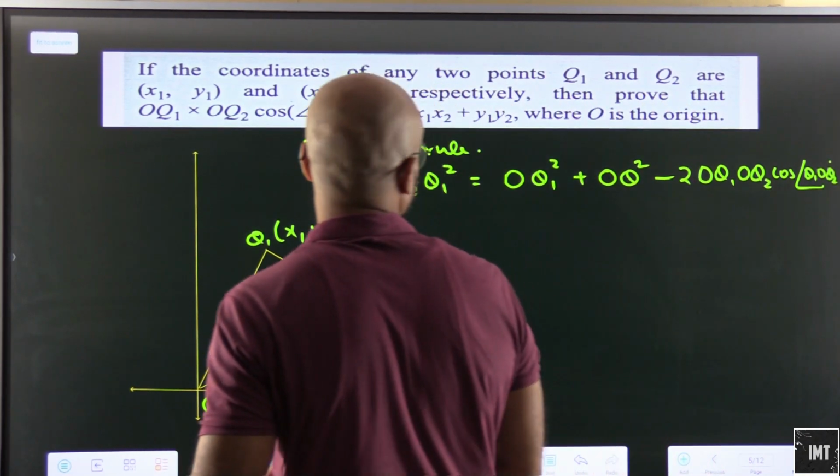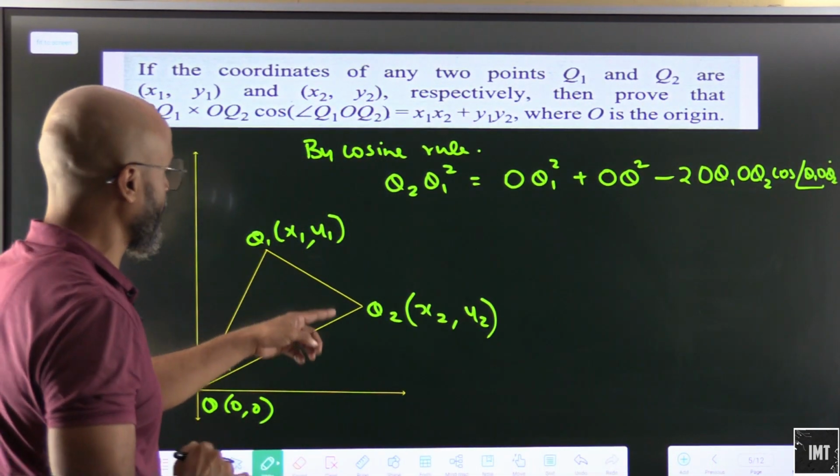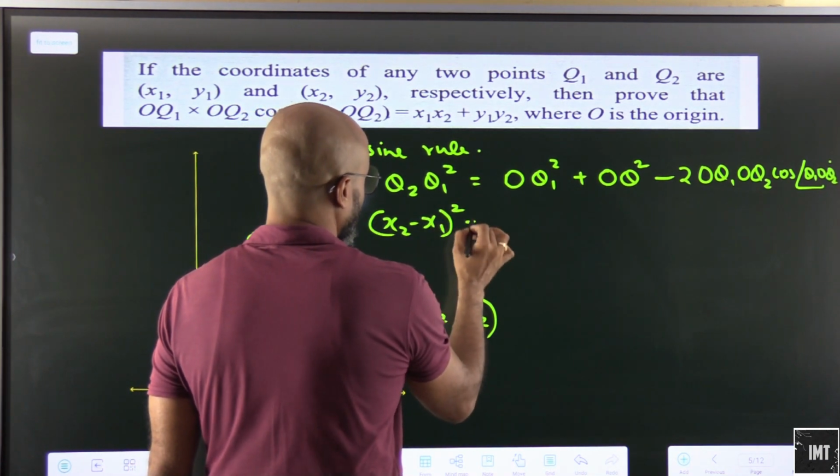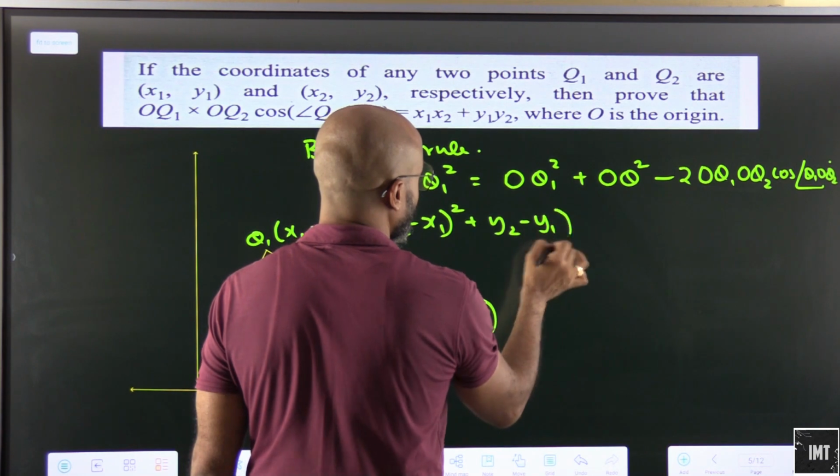We are just applying the vector formula here. So what is Q2Q1 square? That will be how much? x2 minus x1 square plus y2 minus y1 square.